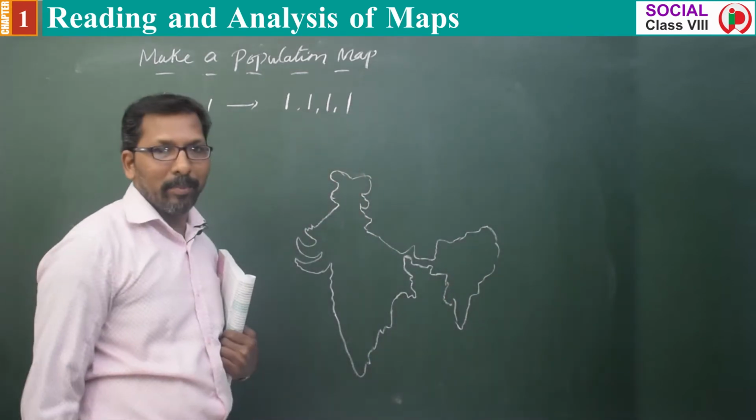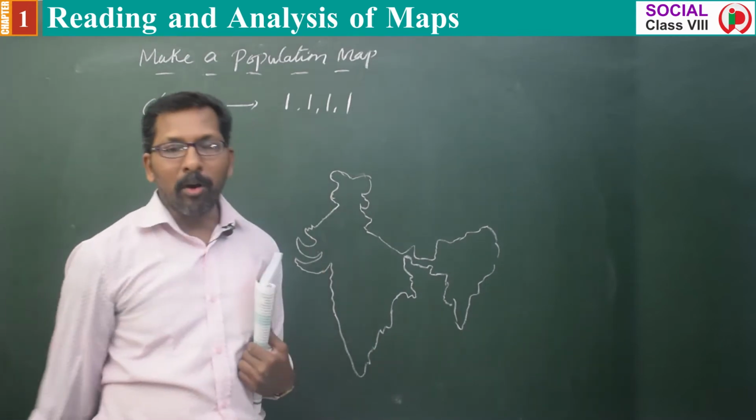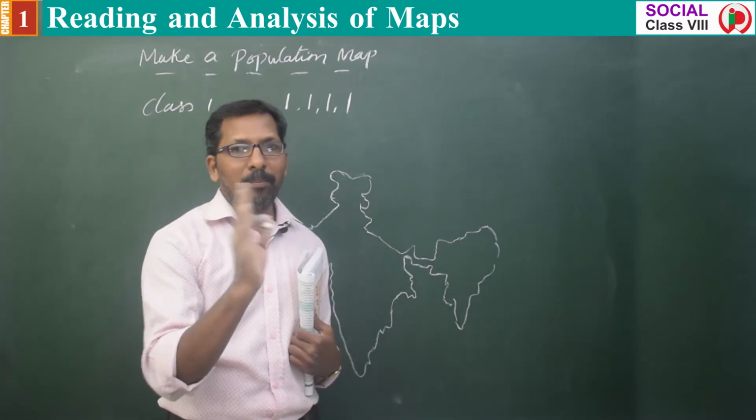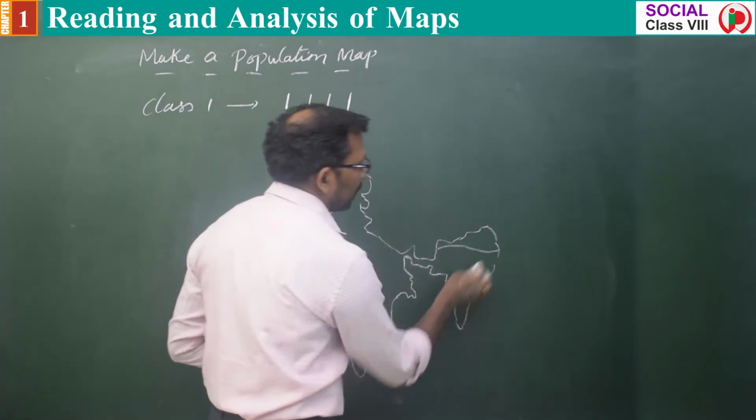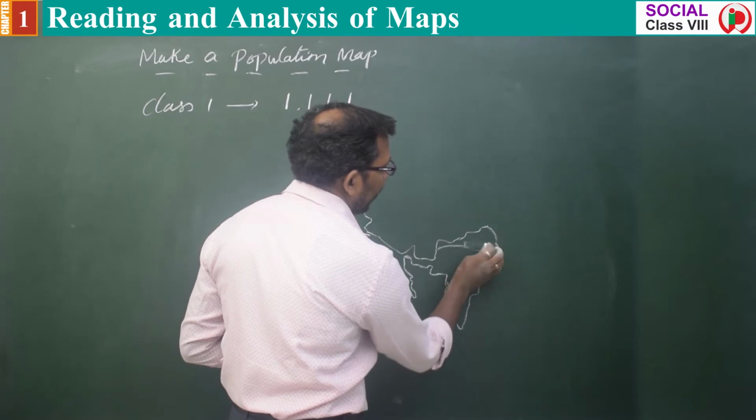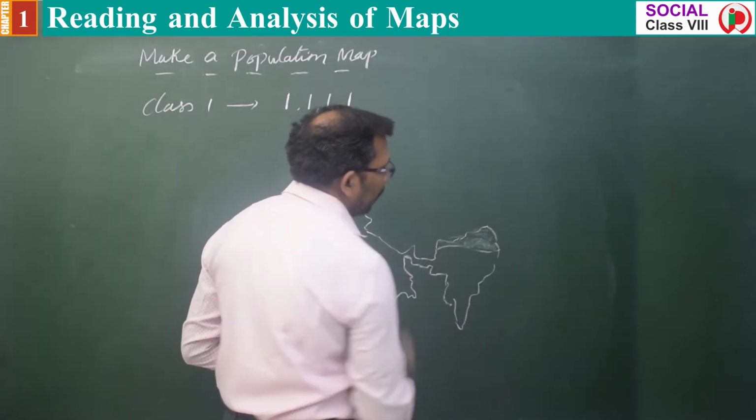Now this is the India map. Now I want to show the population density of a particular place. Now this is Arunachal Pradesh here. I have shaded it very lightly.